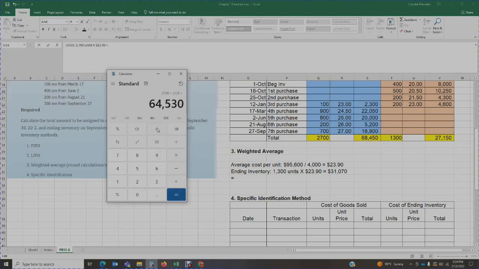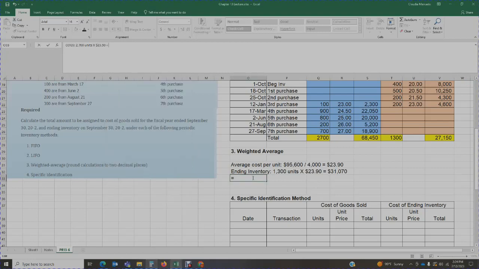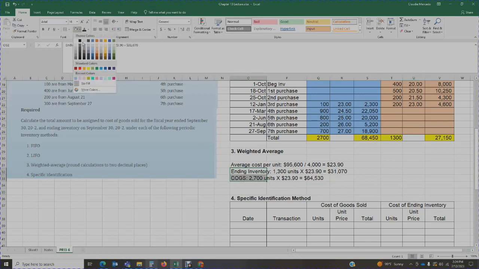That's going to give me 64,530. So my ending inventory is going to be this number, and my cost of goods sold is going to be those numbers.